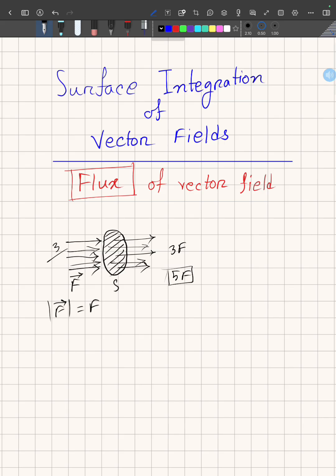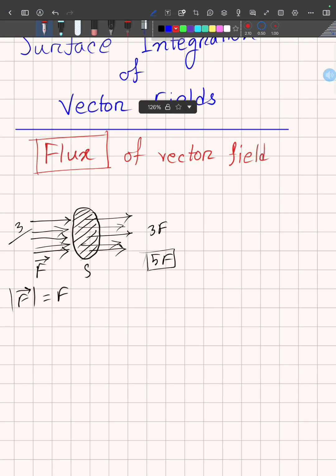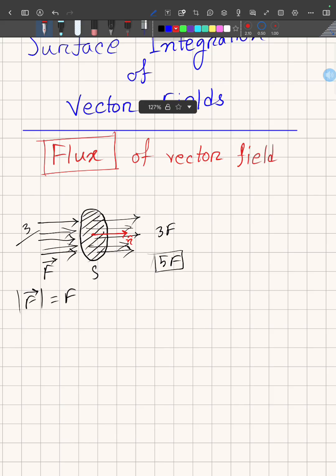By perpendicularly, what I actually mean is that if we take the normal vector of this surface at any point, let's say this is our n cap, our normal vector, then what we are actually taking is the projection of the vector field upon the normal of the surface.